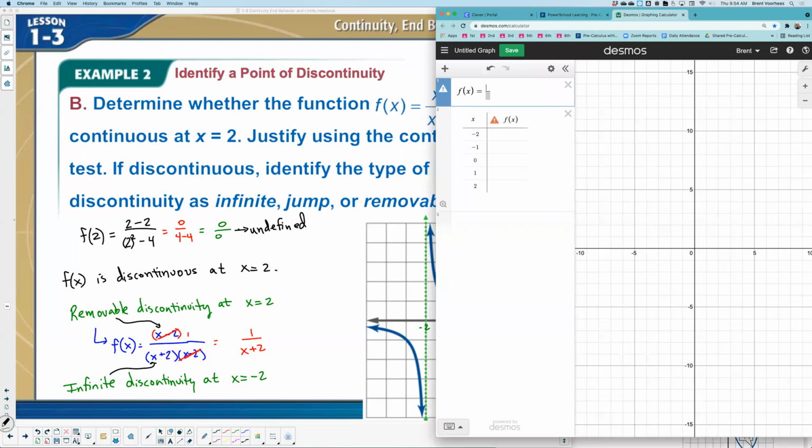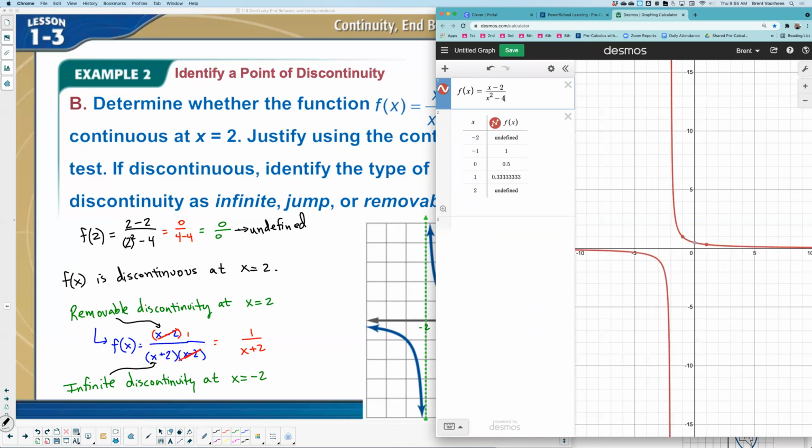This problem was x minus 2 over x squared minus 4. What I want you to see here is it'll say undefined anywhere it has a break. This one doesn't show an open circle unless I highlight it perfectly. Then it would show me an open circle there.